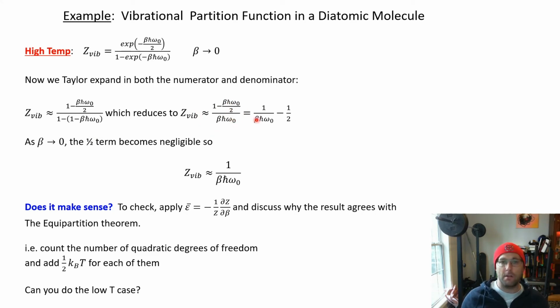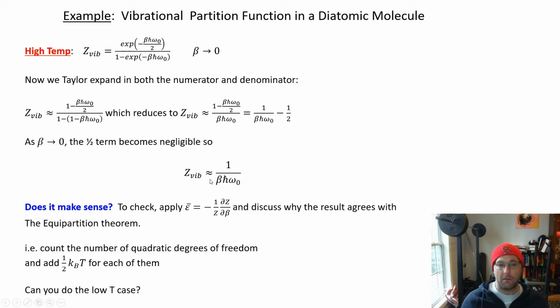Distribute that through, and you get 1 over beta h bar omega naught minus a half. Now as beta goes to 0, this term is getting really big, certainly compared to a half, and so we'll neglect the half in the high temperature limit. That's fine. And we get that the vibrational partition function is approximately 1 over beta h bar omega naught.